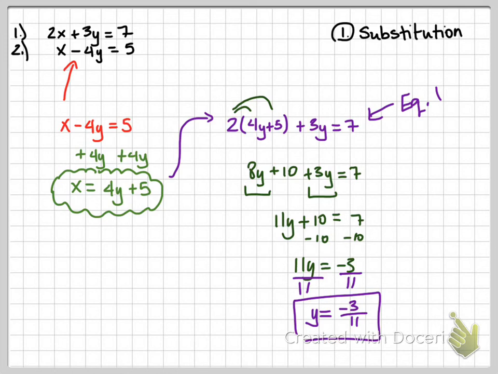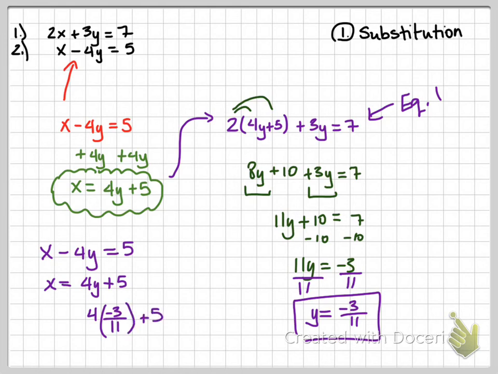So we're going to use equation 2 this time: x minus 4 times y equals 5. You're probably looking at this going, this is about to get ugly. So we have x equals 4y plus 5. I just moved it onto the other side. Now I'm going to plug in: 4 times negative 3 over 11 plus 5.